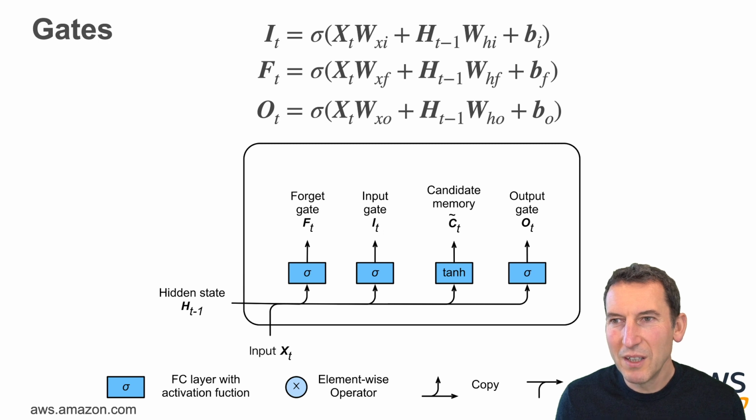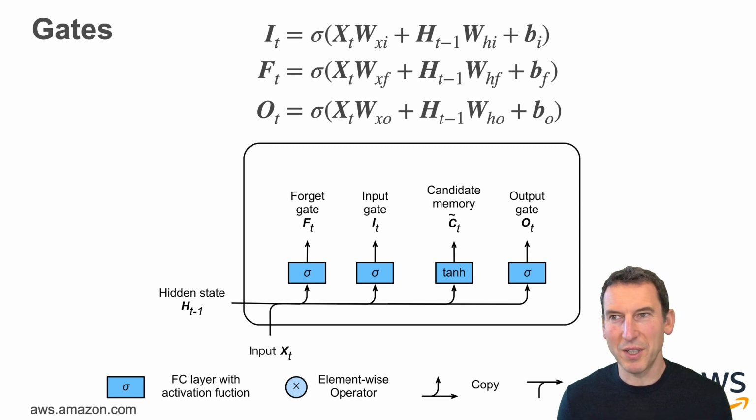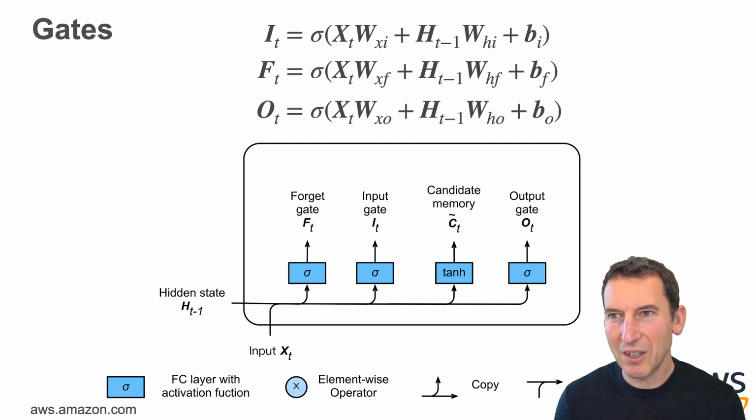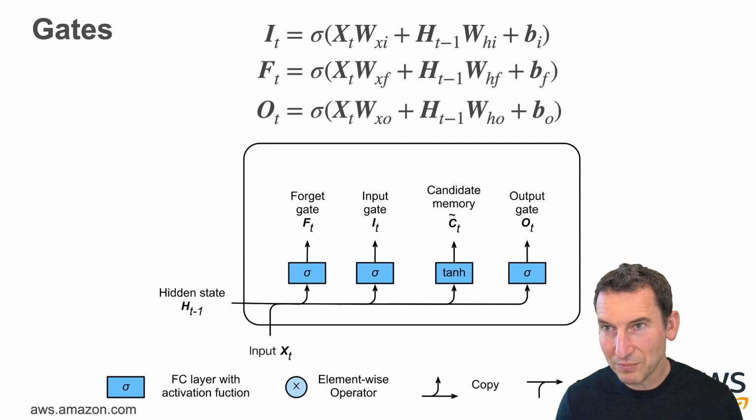Anyway, to model the gates, I model the input gate, the forget gate, and the output gate just as a simple sigmoid function and a multilayer perceptron of the input and the hidden state.